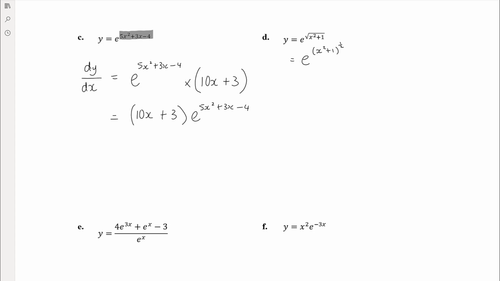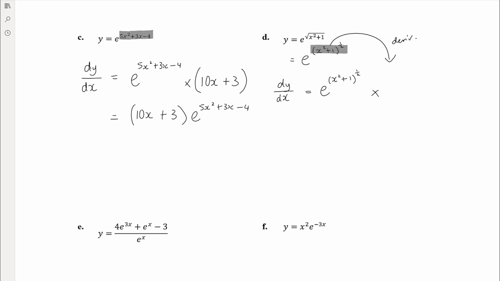Alright, so let's focus on covering up our inside function. So we've just got e to the power of something. The derivative of e to the power of something is still e to the power of that same something. And then we need to multiply by the derivative of that, which requires the chain rule.